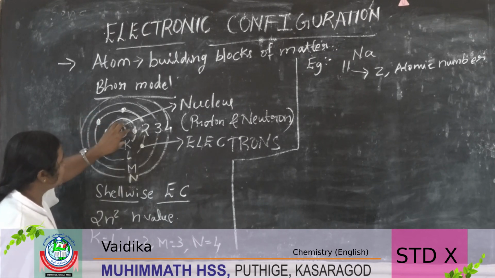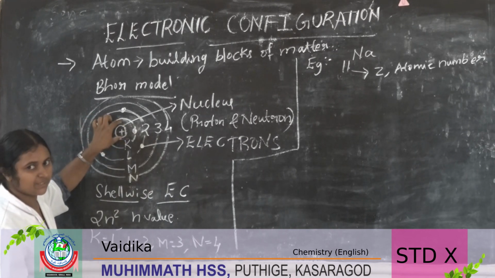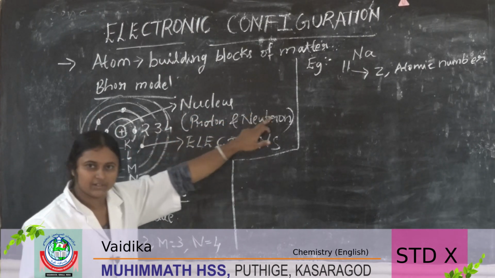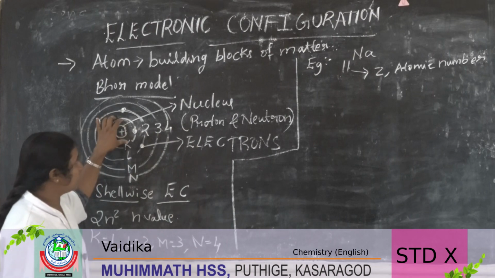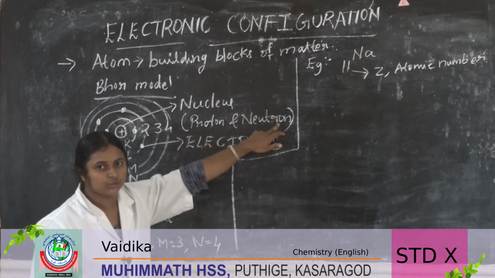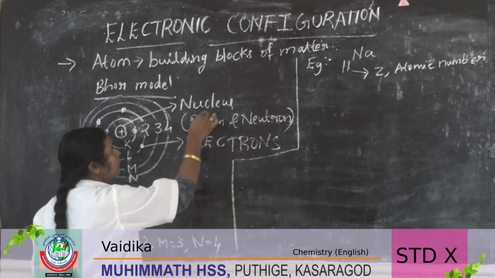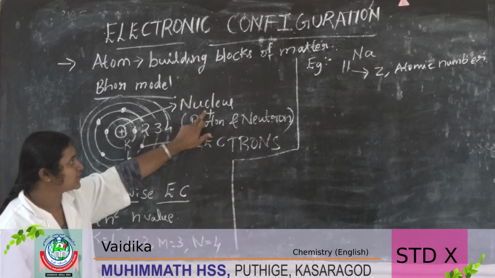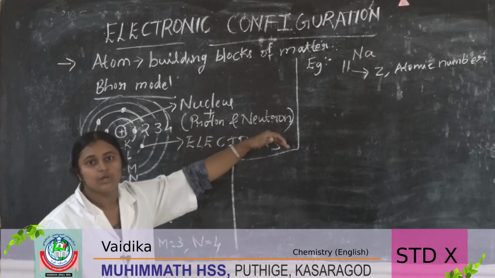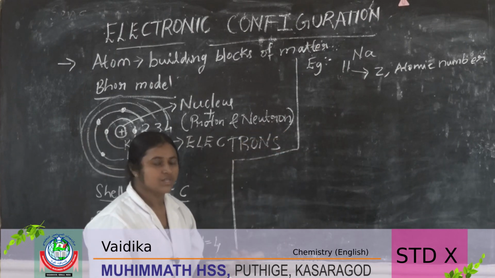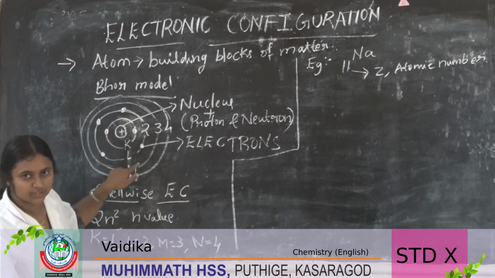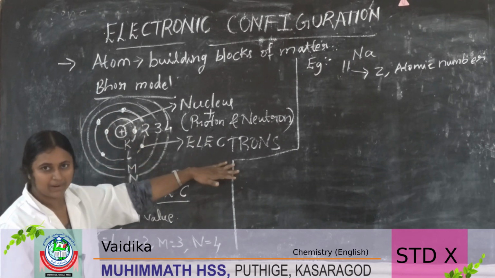In that, the nucleus is in the center of the atom, and the nucleus contains protons and neutrons. The proton has a positive charge, and the neutron is neutral, there is no charge. And the electrons are revolving around the nucleus in particular paths, right?